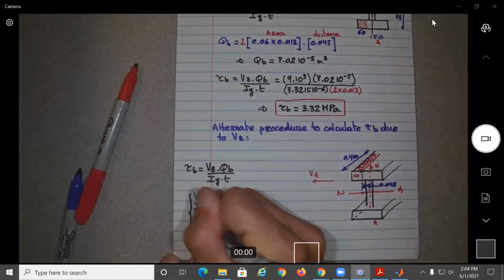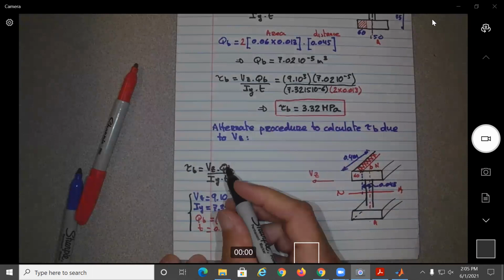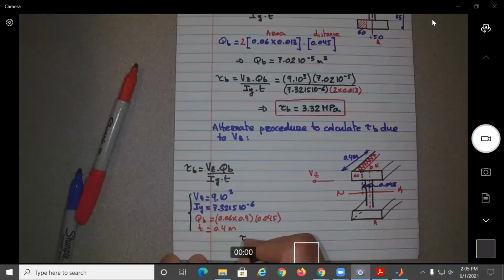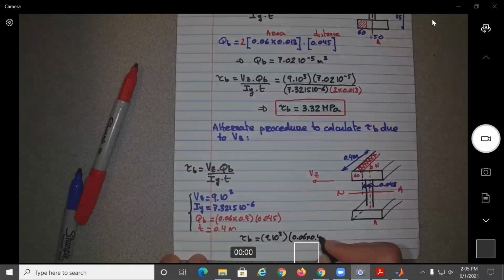If you substitute into the above equation, tau sub B would be equal to 9, 10 to the 3 times 0.06 times 0.4 times 0.045, divided by 7.3215 10 to the minus 6 times 0.4.